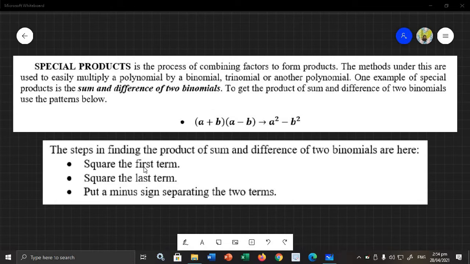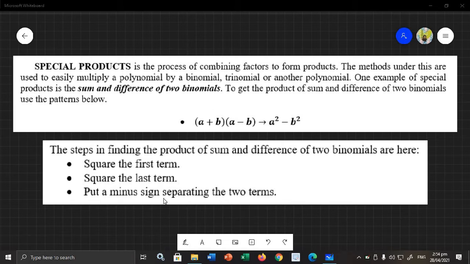These are the steps in finding the product of the sum and difference of two binomials. The first thing you need to do is square the first term, then square the last term of the binomials, and then put a minus sign separating the two terms. Now let us solve some examples.